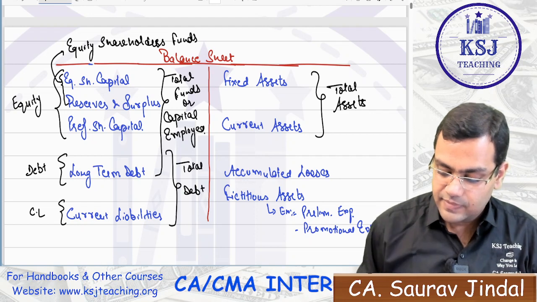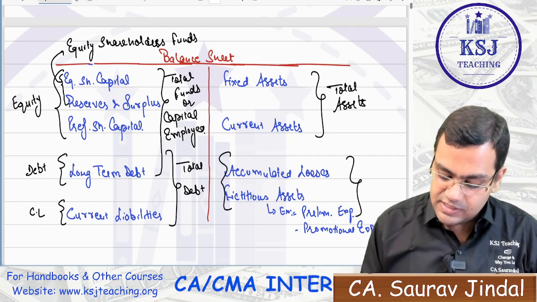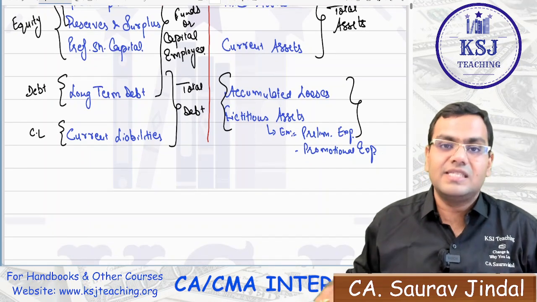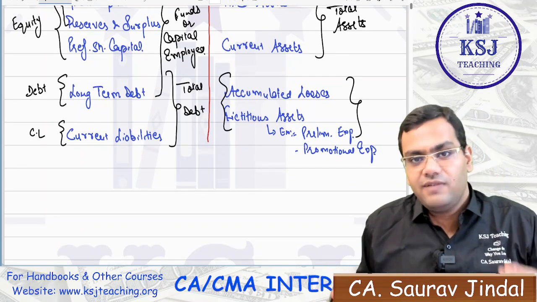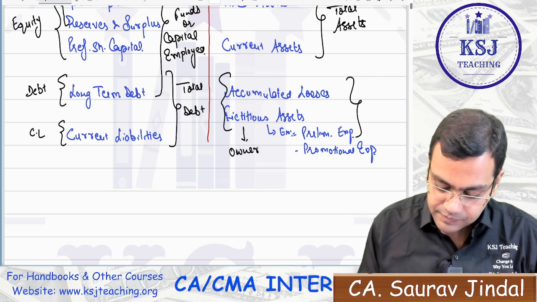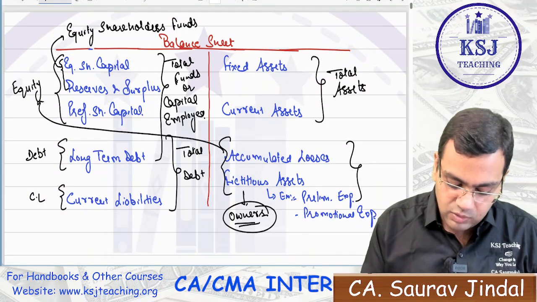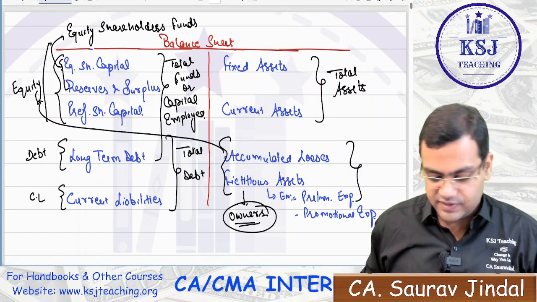These are accumulated losses and fictitious assets. Who will bear these accumulated losses? The owners will be bearing this. So this will be subtracted while calculating the equity and equity shareholders funds.